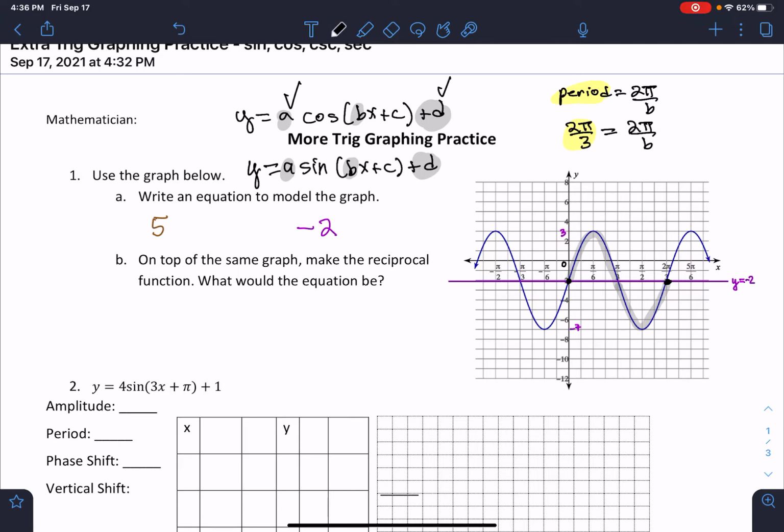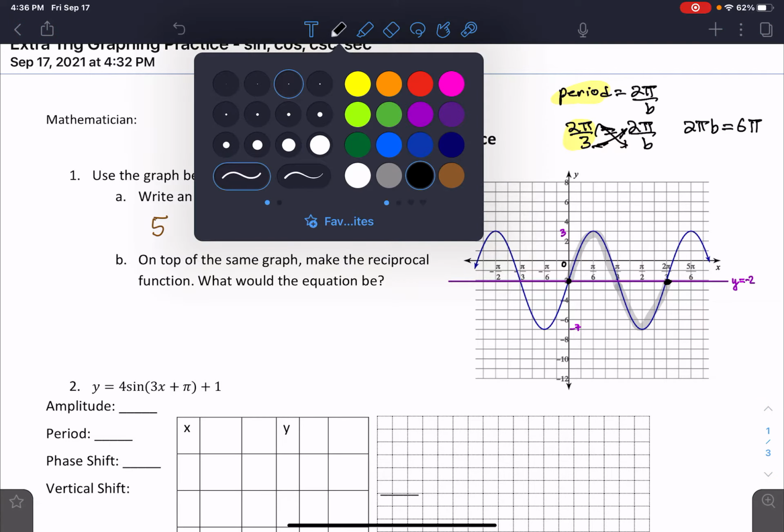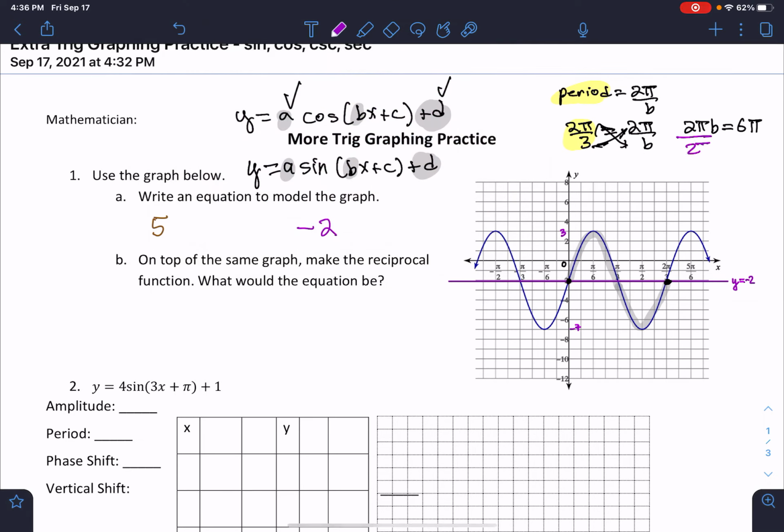I can actually cross multiply in this problem. And I'm going to get 2 pi B equals 6 pi. And then I'm able to divide by 2 pi. And I'm going to get B equals 3.